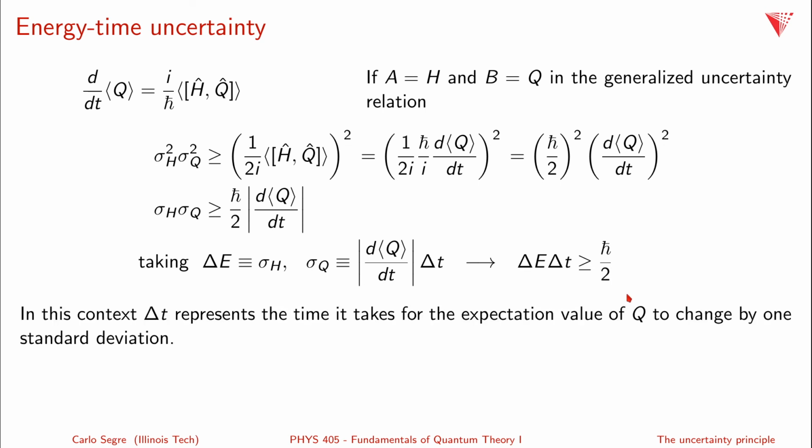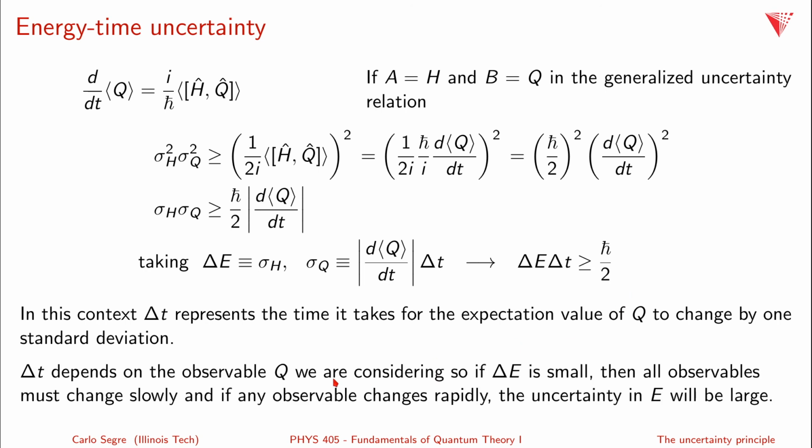So what this means is that delta t represents the time it takes for the expectation value of Q to change by 1 standard deviation. Delta t depends on the observable Q that you're considering. So if delta E is small, if the variance of the energy is small, or the standard deviation of the energy is small, then delta t must be large.